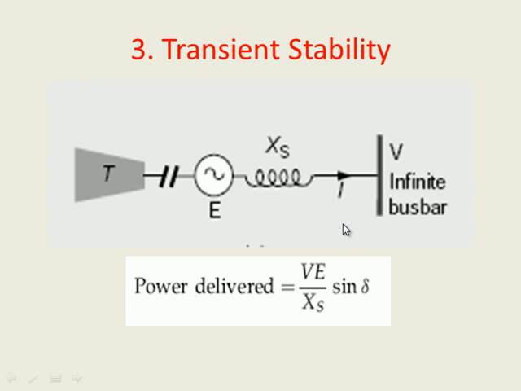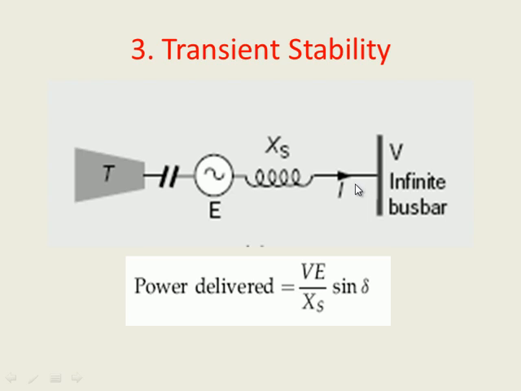Now, as I already told you, if there is an instantaneous collapse of voltage and a decrease in voltage, what happens? There will be a decrease in power delivered to the load. So obviously, the more the decrease in voltage, the less power is delivered to the system. Now, what happens when there is a fault or anything which may cause transients in the system?